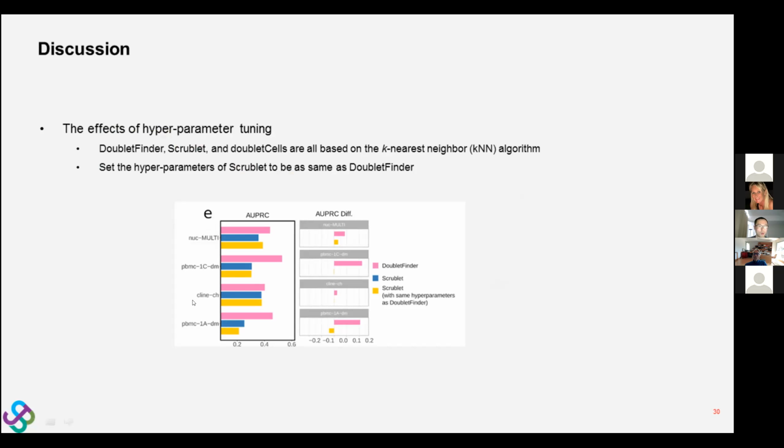So we substituted Scrublet's hyperparameters with DoubletFinder's hyperparameters and checked Scrublet's performance. We found that in some data sets, Scrublet gets some improvement, but not on all data sets. So we suspect that the hyperparameter tuning has some effect on the performance, but not all of the difference is due to the tuning. There are some other implementation details.